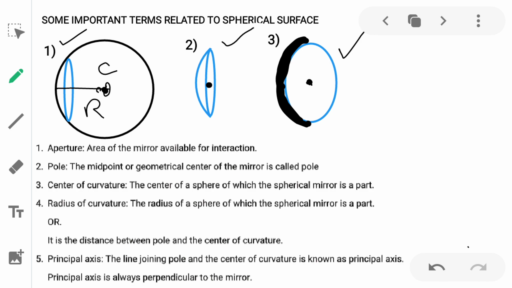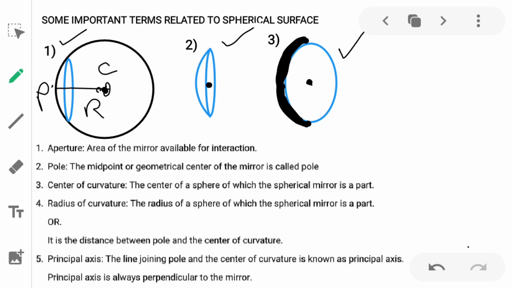Or in a simple way, you can define it as the distance between the pole and the center of curvature.